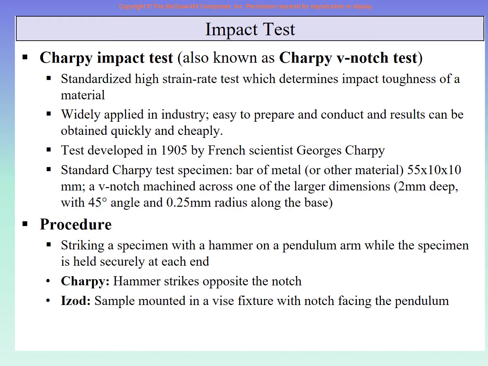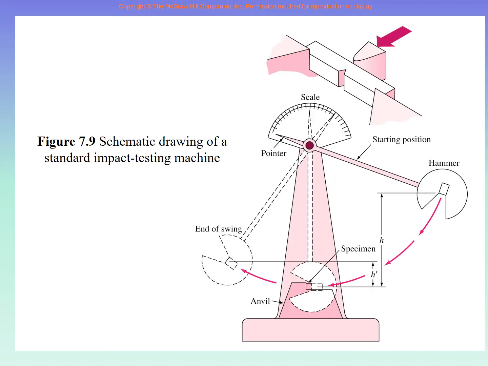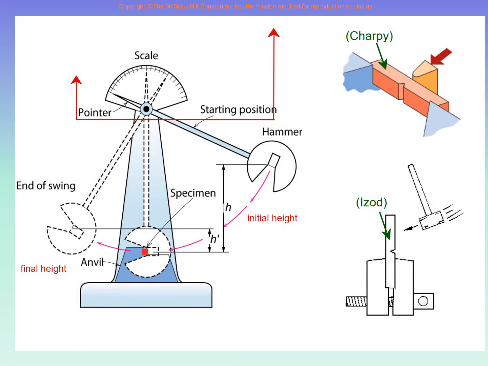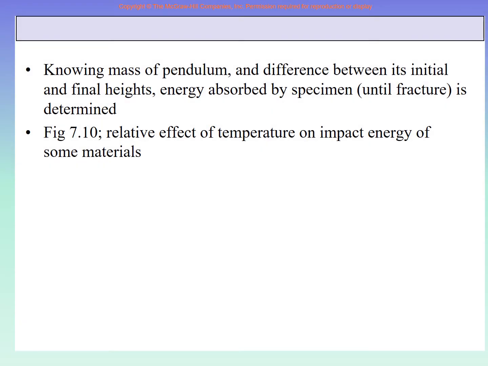What is the Charpy impact test, the Charpy V-notch test, and the machine? The procedure for the test with the Charpy sample and the Izod sample. We showed you a schematic diagram of the Charpy impact testing machine. Another diagram where we showed the machine and the height h and h dash and the Charpy sample and the Izod sample, and how the energy is calculated during the test.